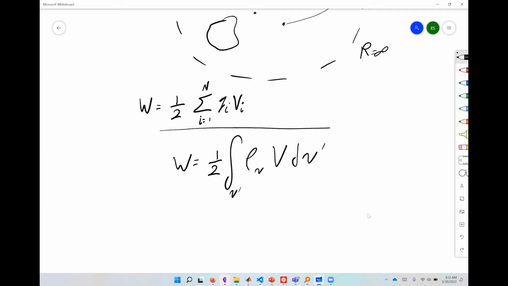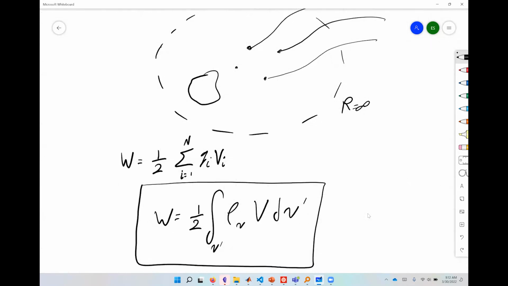So this is good and all, but we need this form of this equation for energy, it ties two things, the charge distribution and the voltage. So that's good, we can use this, but the question is, can we describe energy as a function of only the fields? Right?